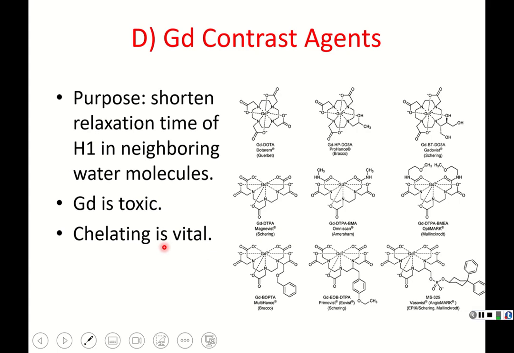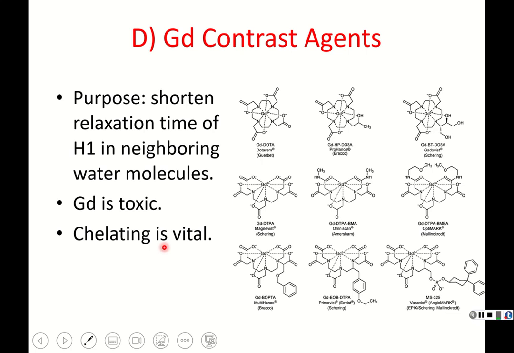So the last biomolecule we'll talk about are gadolinium contrast agents. A contrast agent is something whose job is to shorten what's known as the relaxation time of hydrogens in neighboring water molecules.